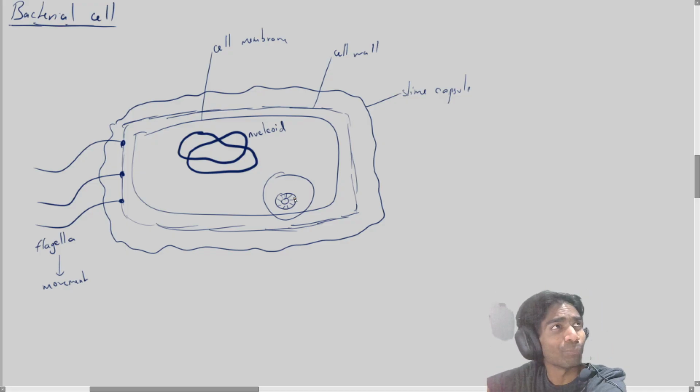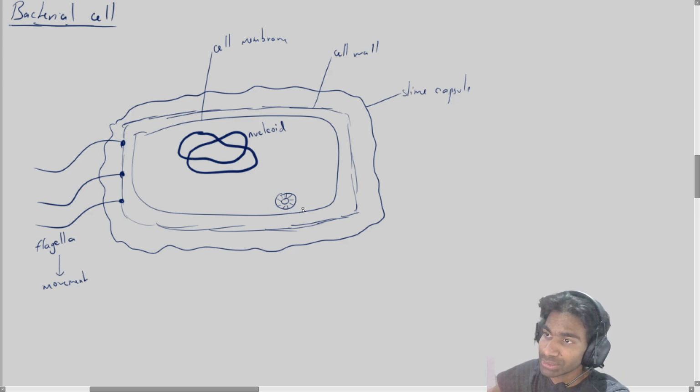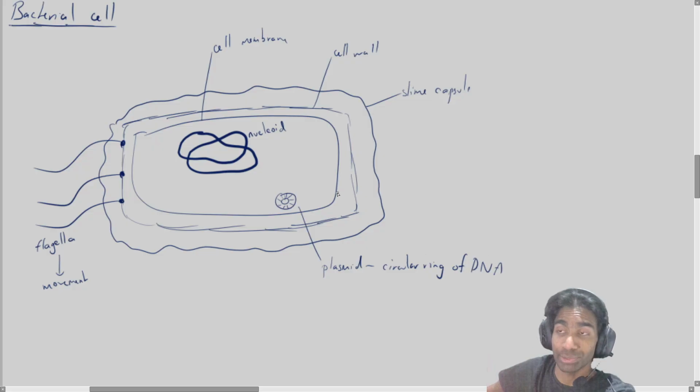For example, it could purposefully share a plasmid that will help destroy any bacteria that are around it. The reason is to decrease the amount of competition so that this one particular bacteria can survive on its own. But again, this is just a circular ring of DNA called a plasmid, and as you'll see, it becomes important in genetic engineering.